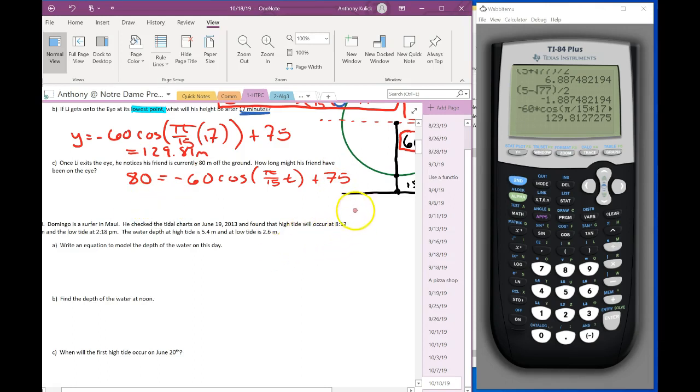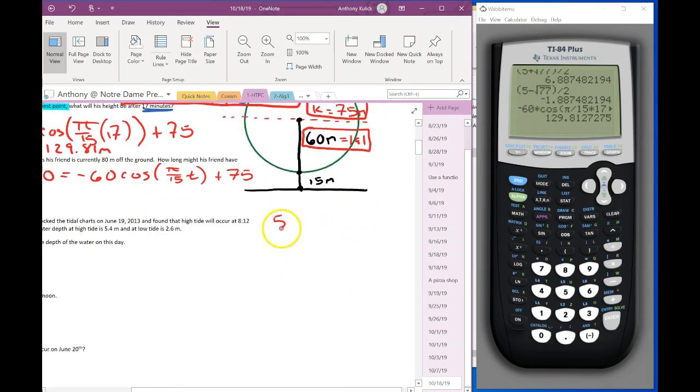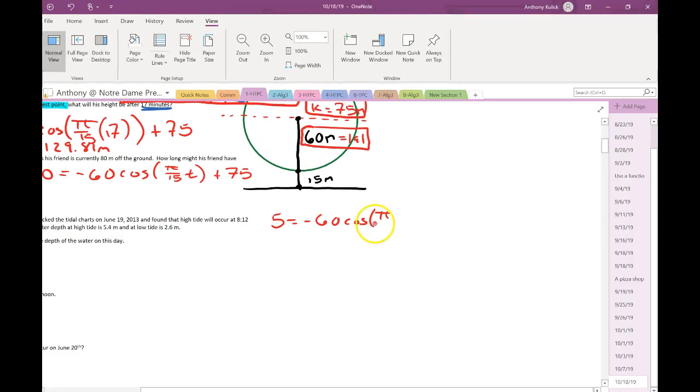I'm going to start writing it down off to the side here. And then divide both sides by 60.